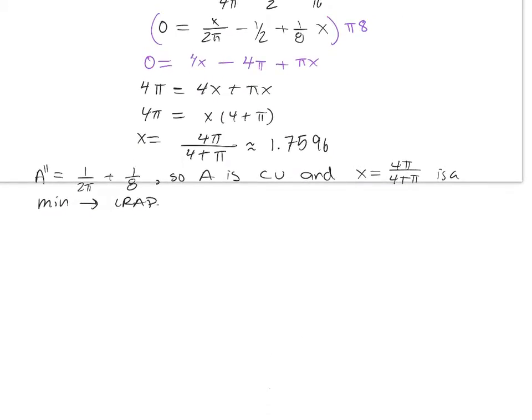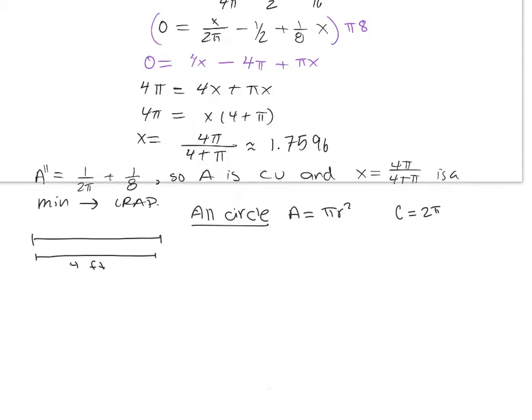Okay. So you had this piece of wire that was how long? 4 feet, okay. So if you made it into a circle, you know that the area of the circle is pi r squared, right? And you know that the circumference is 2 pi r, and therefore 4 equals 2 pi r because you used the entire wire to be your circumference.